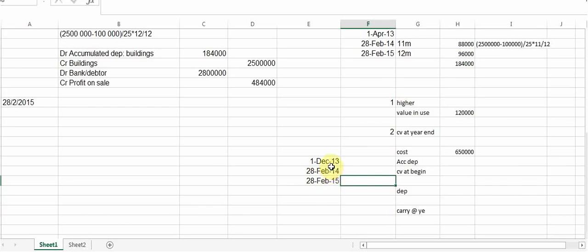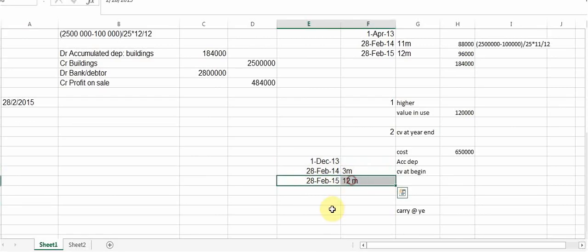So clearly the difference for the current year between 28 February and 28 February is a total of 12 months. But what is then the difference between December and February? It's going to be December, January, February, which is a total of 3 months.